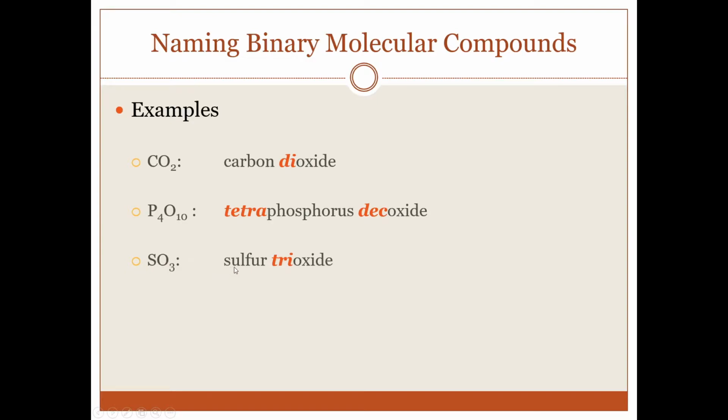SO3 is sulfur, using the full first element, tri meaning 3, oxy for oxygen, and then ide for our suffix. N2O4: di for 2, nitrogen, we use the first element name, tetra for the 4, oxy for oxygen, ide for the suffix.